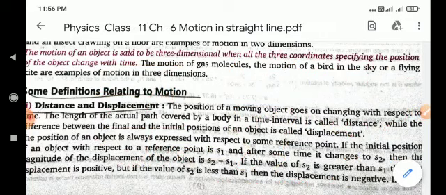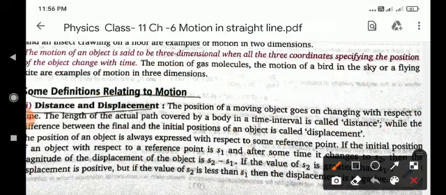Similarly, if we throw a stone up to a height h, then after some time it returns to the same place.